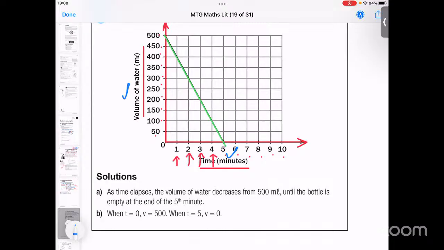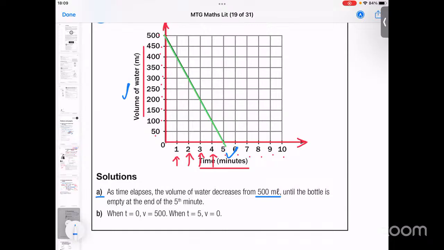So it says as the time elapses, the volume of water decreases from 500 milliliters until the bottle is empty at the end of 5 minutes.